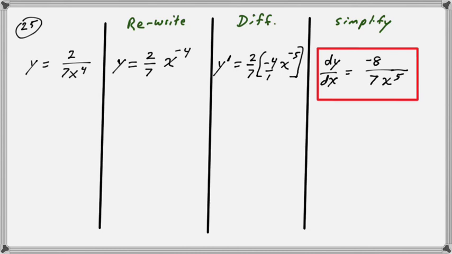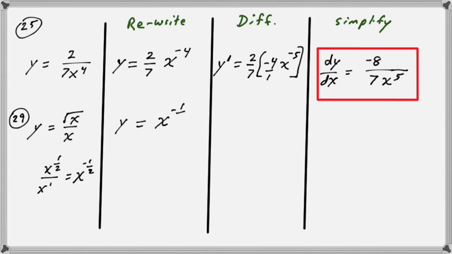Let's take a look at one like 29. 29 is radical x over x. Do you know that you could subtract exponents and call it x to the negative 1/2? Isn't the power bigger by 1/2 on the bottom?